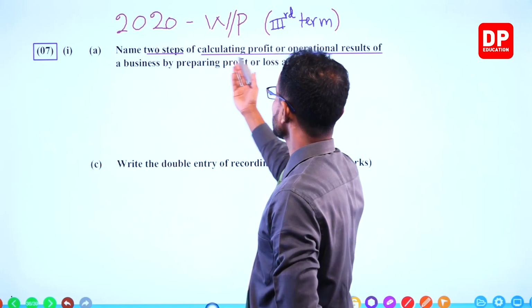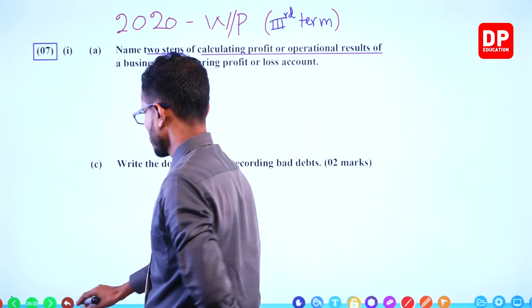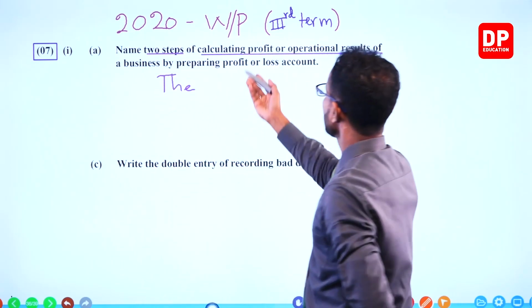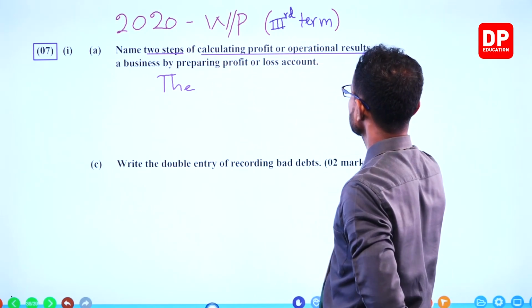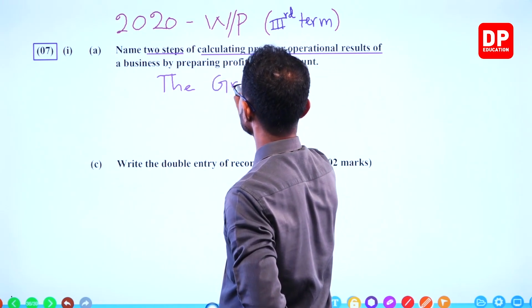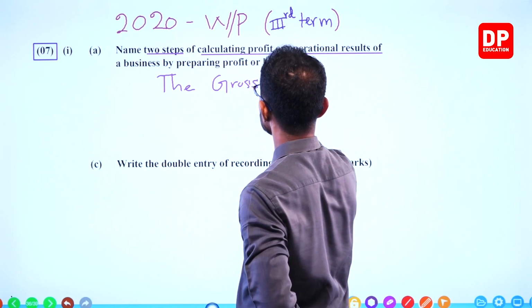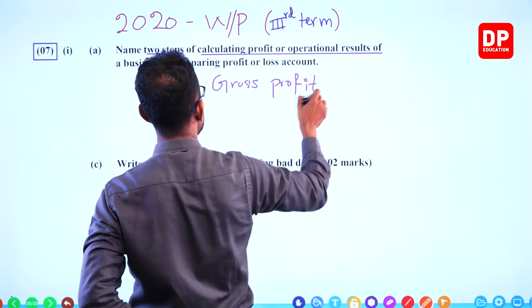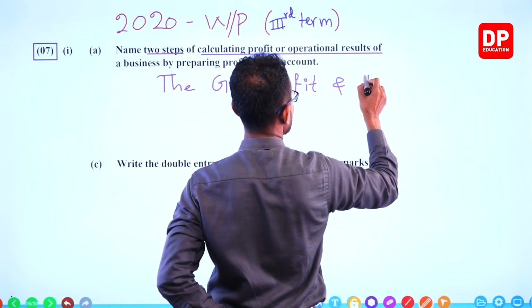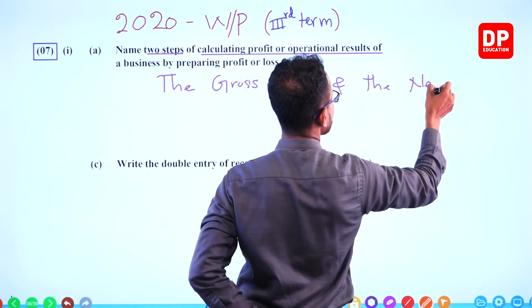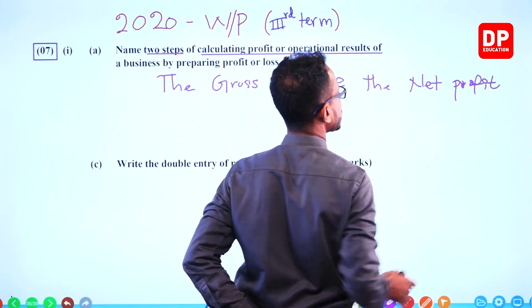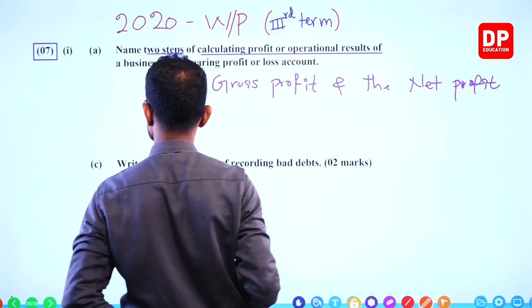The 2 steps are the gross profit and the net profit. Got it?